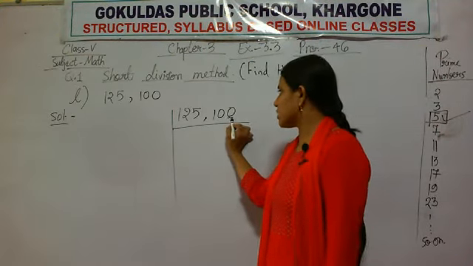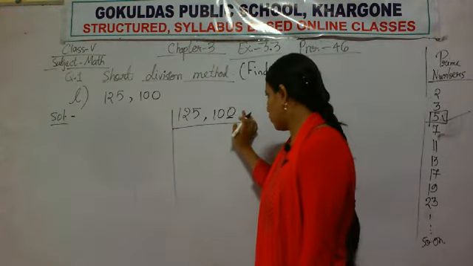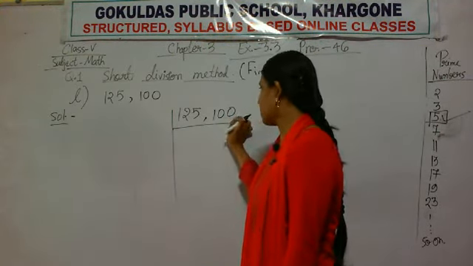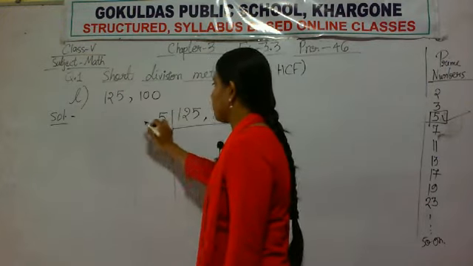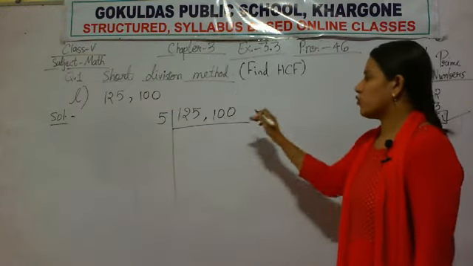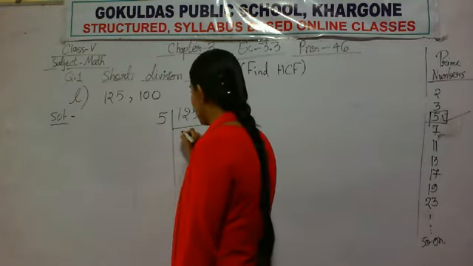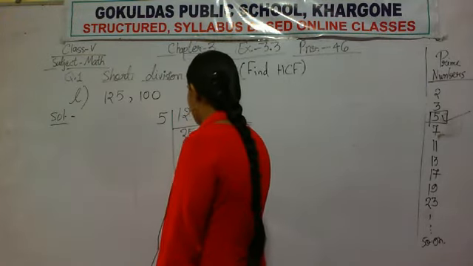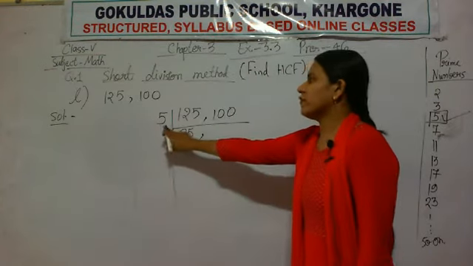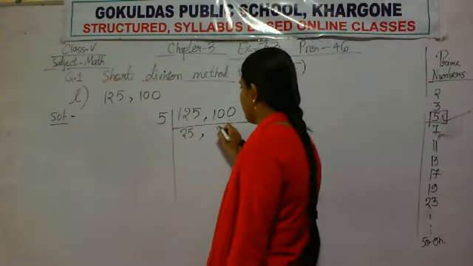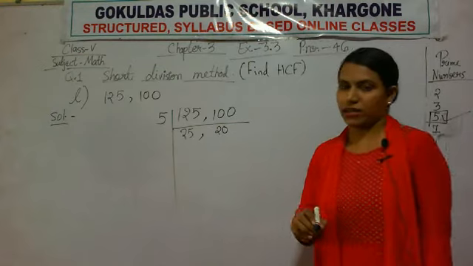Why? Because the ones place of the number is 0. So I am taking the prime number 5 to divide both these numbers. So when we divide 125 by 5, my answer is 25. Then when we divide 100 by 5, my answer is 20.